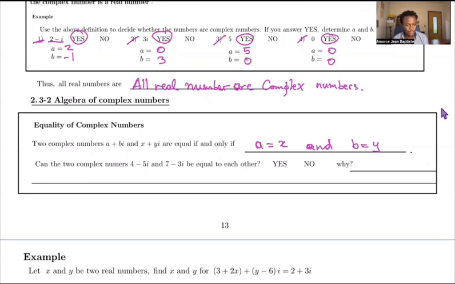Here's a quick example. I have the two complex numbers 4 minus 5i and 7 minus 3i. Are they equal?